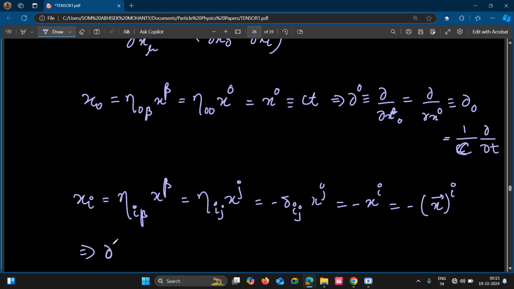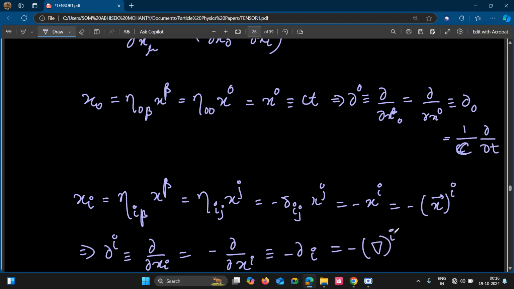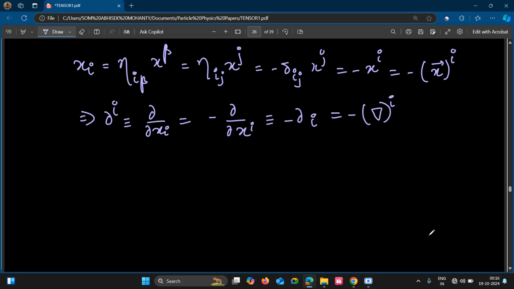So from here we can conclude del i is equal to what? Del by del x i. In place of x i, I can put this. So minus of del by del x i, and this becomes minus del i. Contrary to the covariant case, there is a minus sign, and I'm getting this as minus of delta i. Here delta is simply the three-dimensional gradient vector operator, the one we know from simple vector calculus.